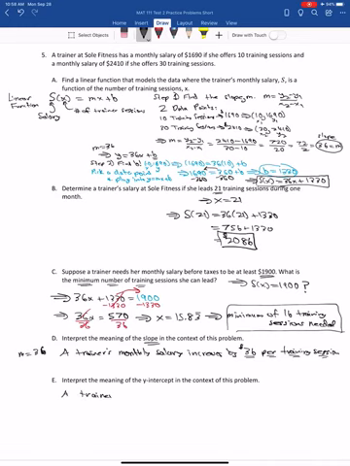A trainer's monthly base salary with no training sessions involved, X equals 0. We're looking at our y-intercept value.